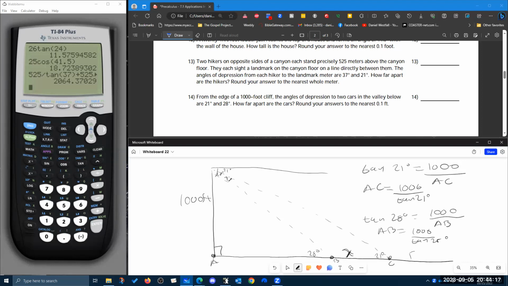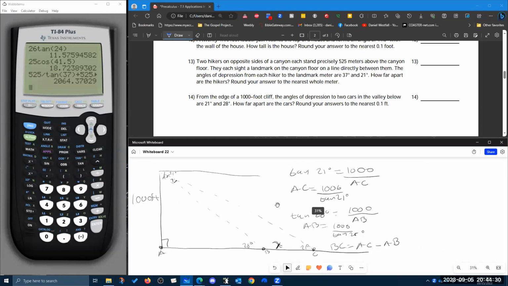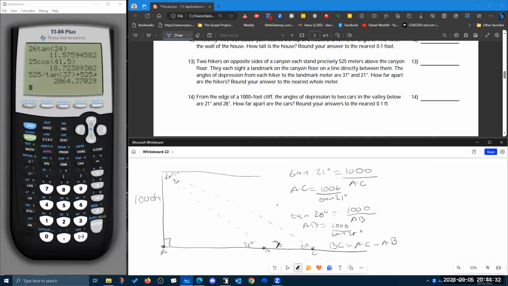And I want BC, which is going to be equal to AC minus AB. So BC is going to be 1,000 over tan 21 minus 1,000 over tan 28.